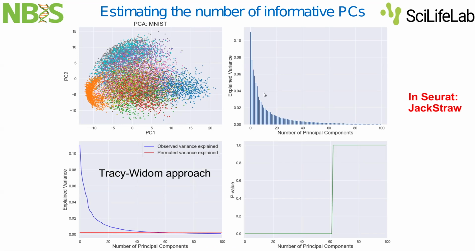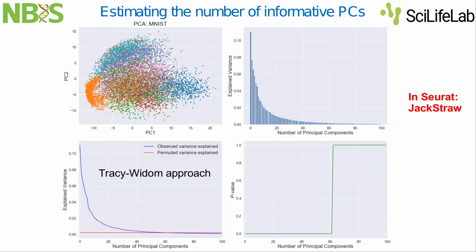When you compute what kind of explained variance scree plot you would expect from a shuffled data matrix. So you take your original data matrix, your MNIST pixel intensities or gene expression matrix for single cell RNA-seq, and you just perturb it.